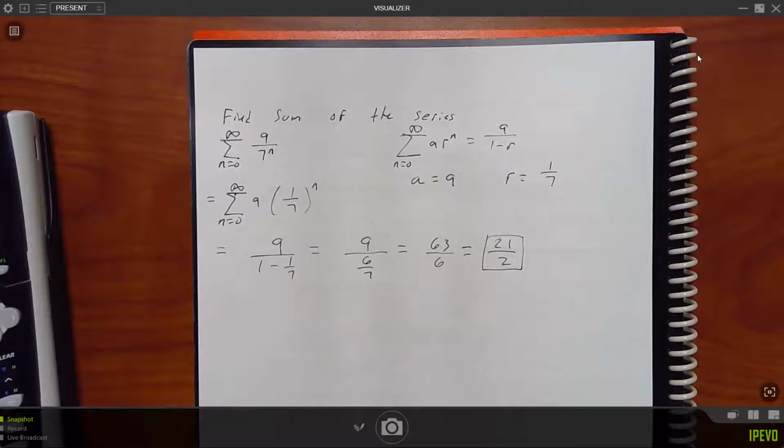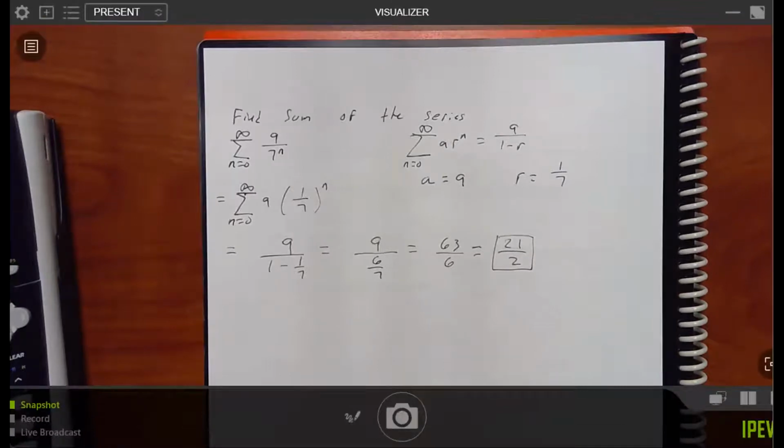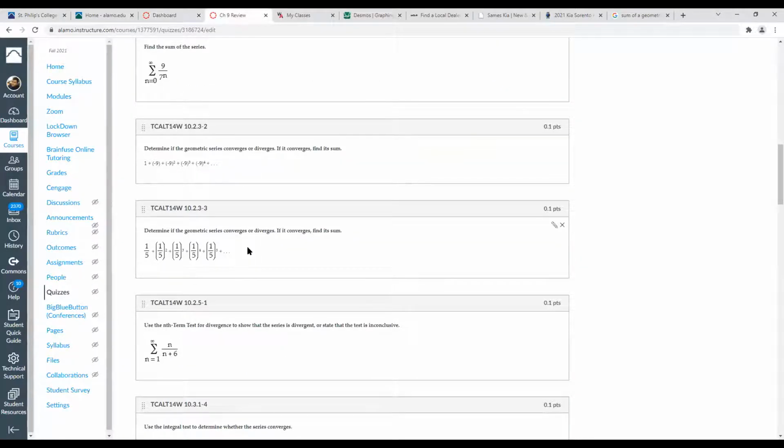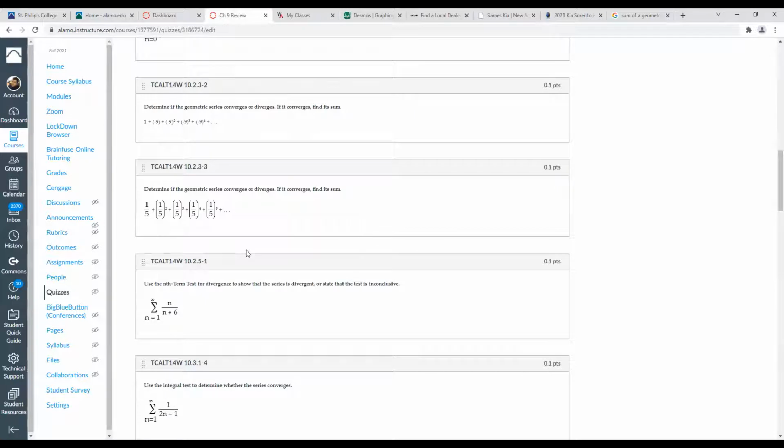But what is the requirement for a geometric series to converge? You guys remember? It depends on the R.